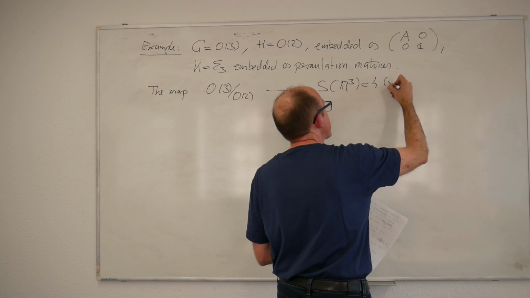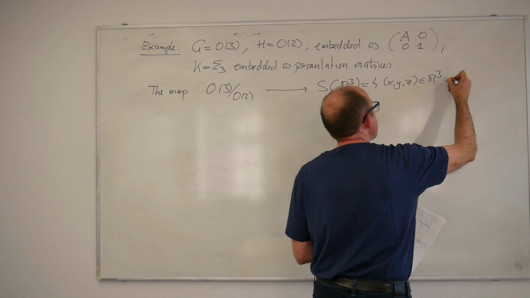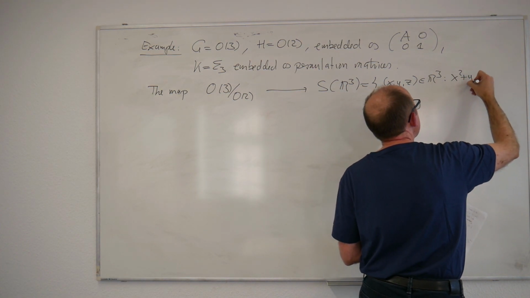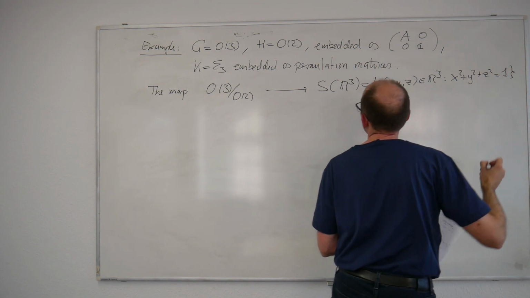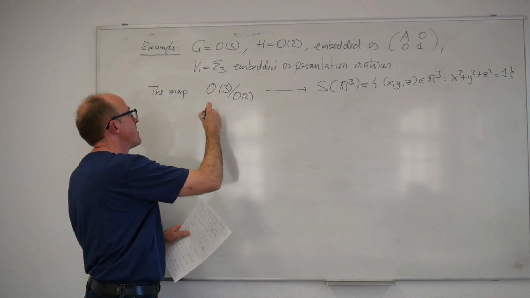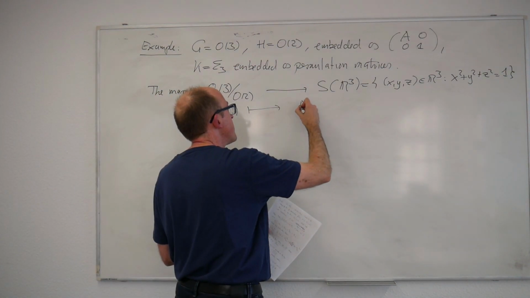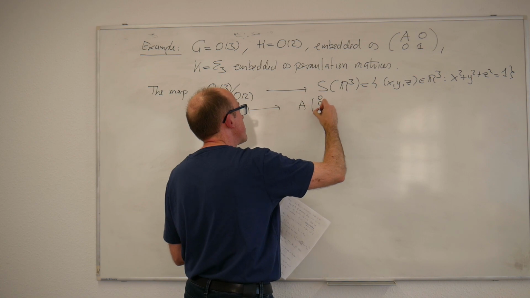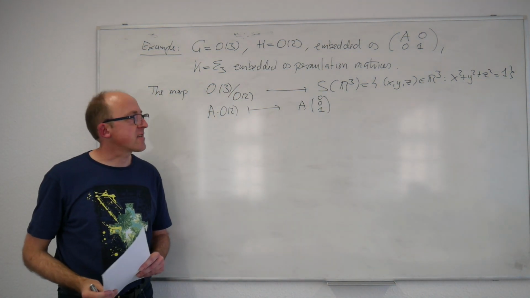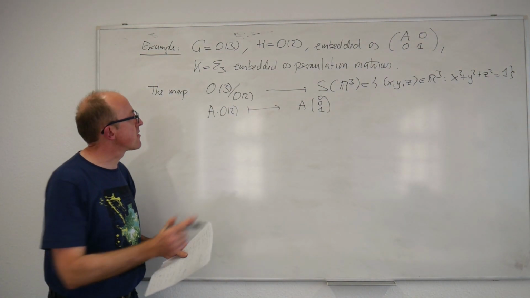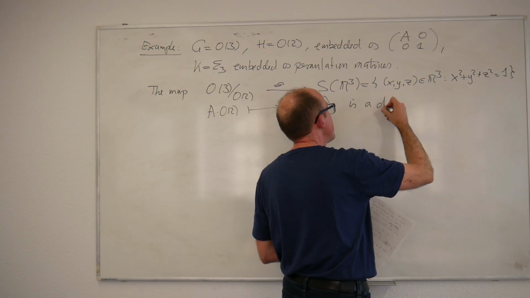So these are all the vectors x, y, z in R3, such that x squared plus y squared plus z squared is 1, and the map sends a coset A times O2 to the action on this vector 0, 0, 1. Equivalently, I'm taking the last row of this orthogonal matrix A, that's going to be a unit vector. So this is a homomorphism, or even a diffeomorphism.